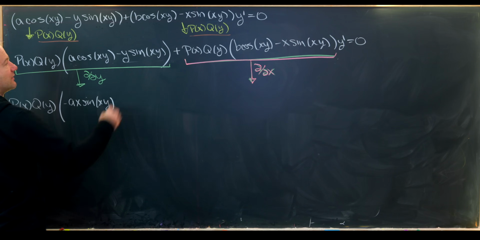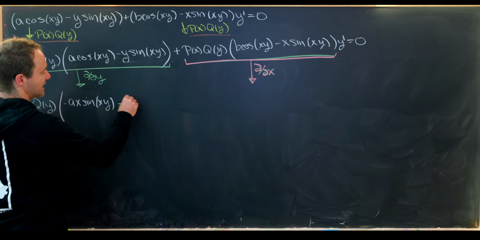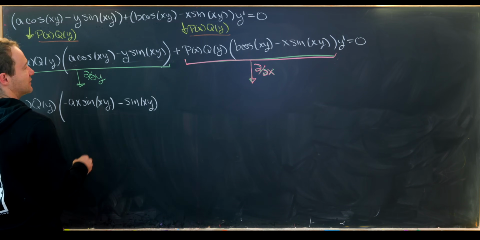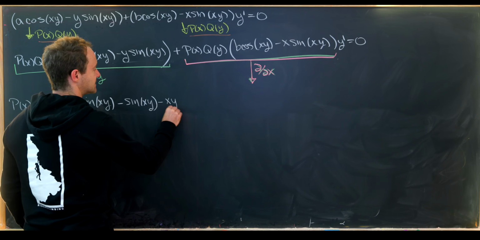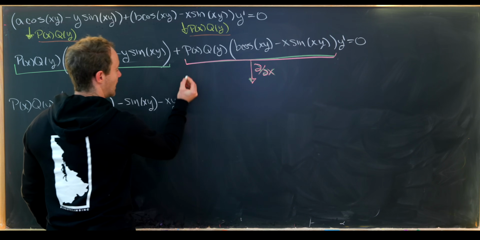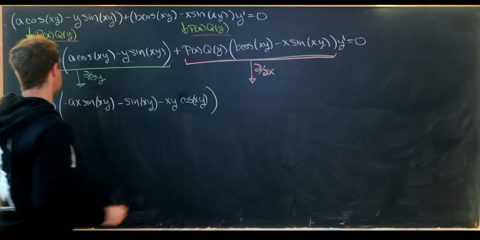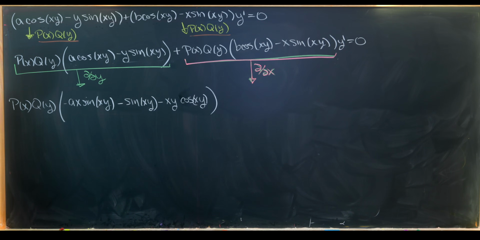But then taking the derivative of this term will require the product rule. Taking the derivative of y is 1, leaving us with negative sine xy. Then taking the derivative of sine xy will give us something like minus x times y cosine of xy. Okay, nice. And that's what we get from taking the derivative of the stuff inside the parentheses.